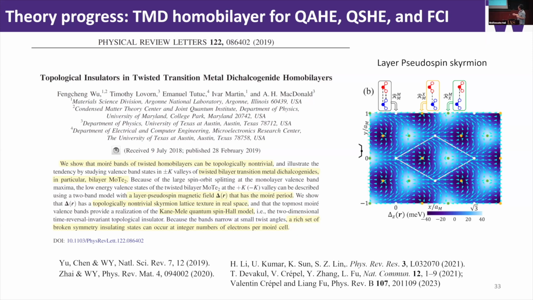What Allan pointed out, and I'm going to talk a bit more on the next slide, is that because of these twisted systems, the layer degree of freedom you can consider as a pseudo-spin, called layer pseudo-spin. So this layer pseudo-spin degree of freedom gives rise to these Kane-Mele models. We're motivated by this work, basically showing that in twisted MoTe2, we have a flat Chern band.